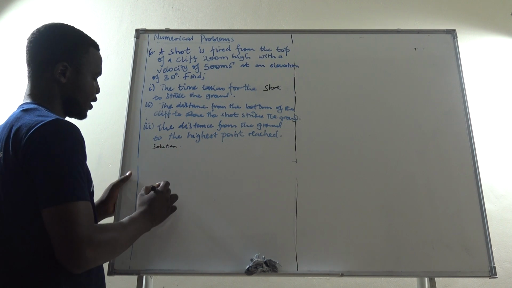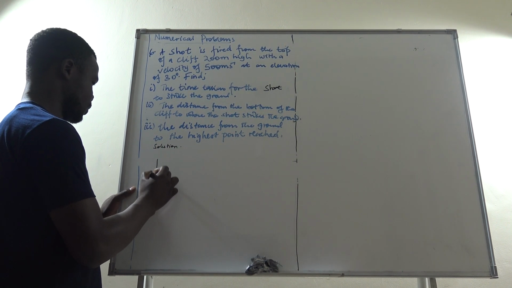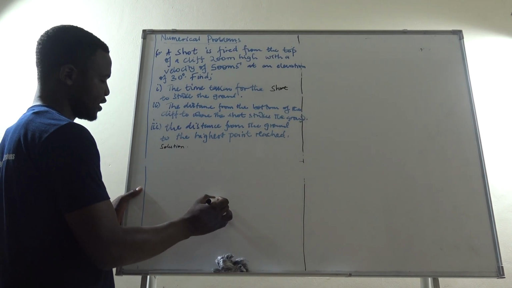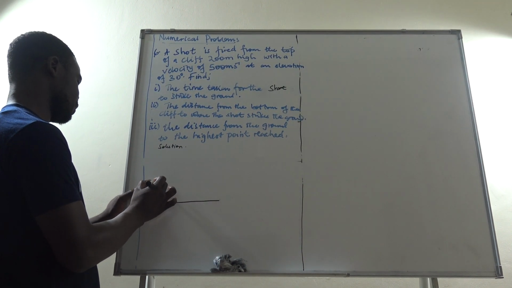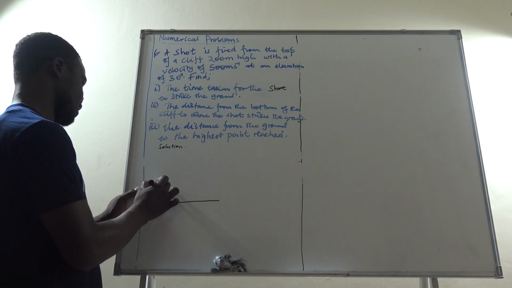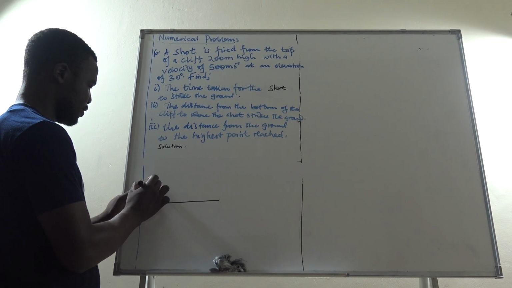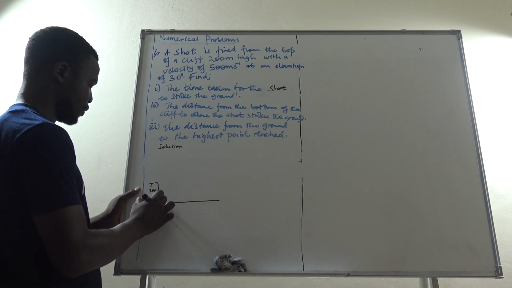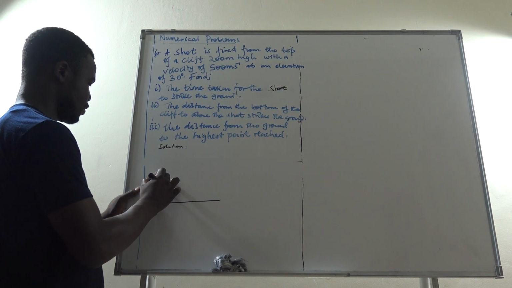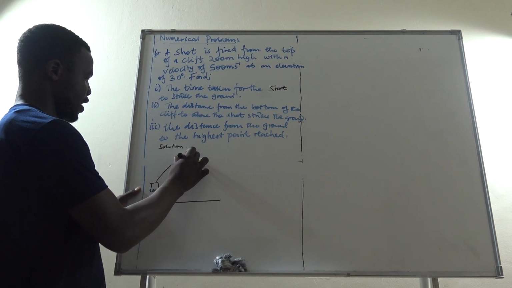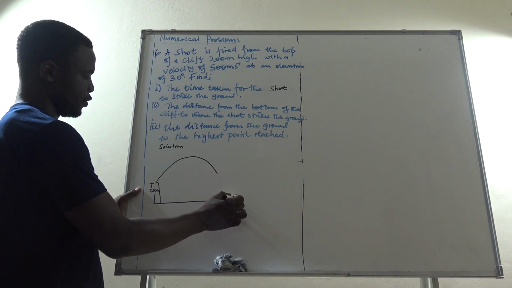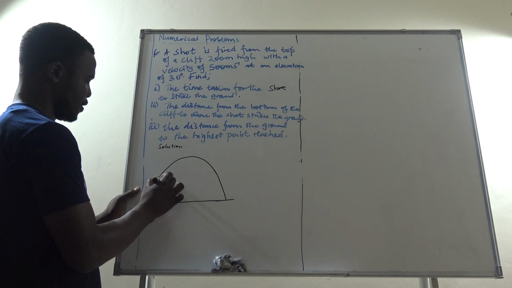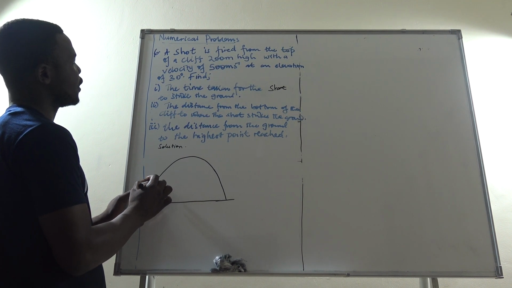Of course, we said that the easiest way to answering such a question is by first sketching. If this is my horizontal ground and this is my cliff that is 200 meters high, and the person fired the bullet from that point, the bullet goes in the air, and the time comes when it comes down.